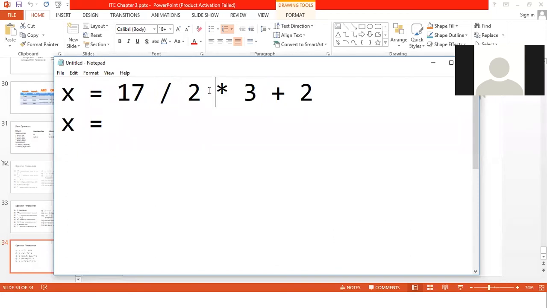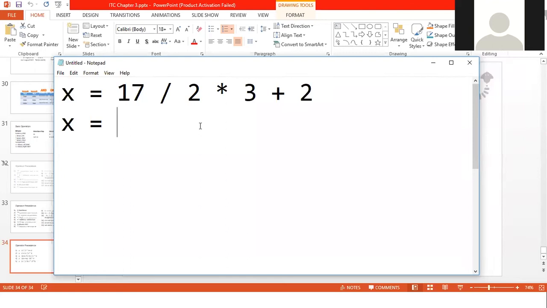So the 17 divided by 2 is 8.5. Then, copy the remaining. Remaining operation, multiply to 3 and then plus 2.